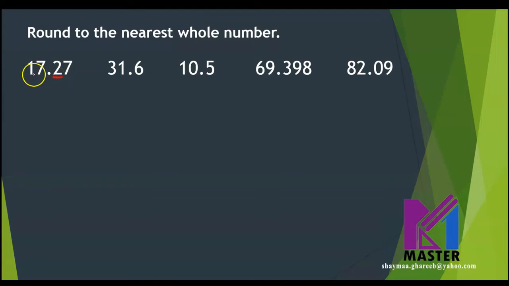So I have 17.2, which means this 2 is less than 5. So I'm going to round the number down. So the 17.27 will be rounded down to be 17.